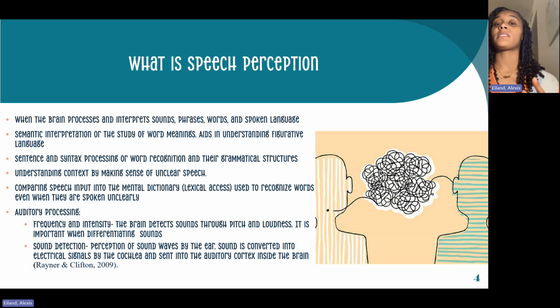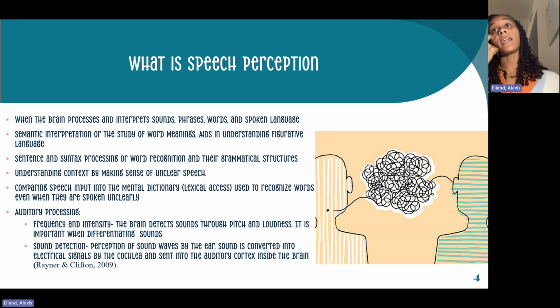Under speech perception is understanding sentence and syntax processing, or word recognition and their grammatical structure. Again, we see some similarities with language disabilities there, and also understanding context by making sense of unclear speech, which we talked about with language disabilities. Comparing speech input to the mental dictionary, or the lexical access used to recognize words, even when they are spoken unclearly.